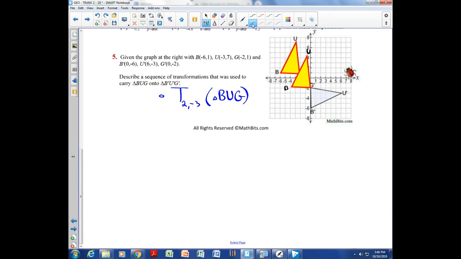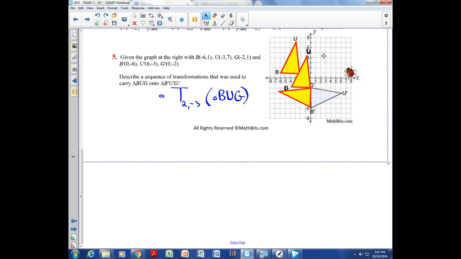Well, one thing that I noticed that I can do, is that the angle that B, G prime, and G, B prime is making happens to be a 90-degree angle. So I know now if I rotate BUG 90 degrees, I'll show you visually first. If I actually could take this, I'm going to clone that one now, and if I rotate it 90 degrees, right, around G, I have it right there, right?